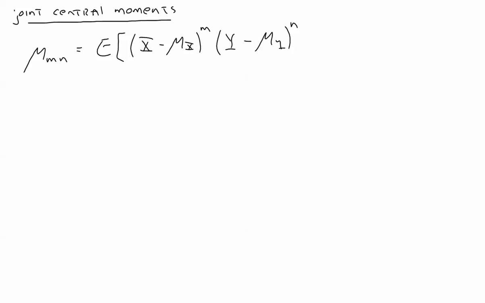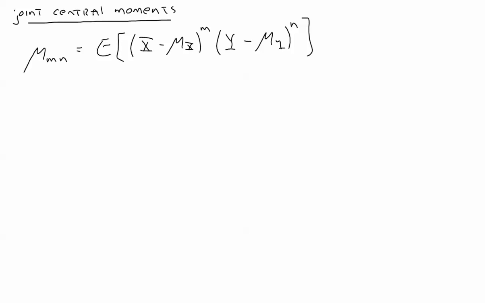This looks like this. Mu sub mn is the mnth joint central moment. That's going to be the expected value of x raised to the nth power after first subtracting off its mean, times y raised to the nth power after first subtracting off its mean.